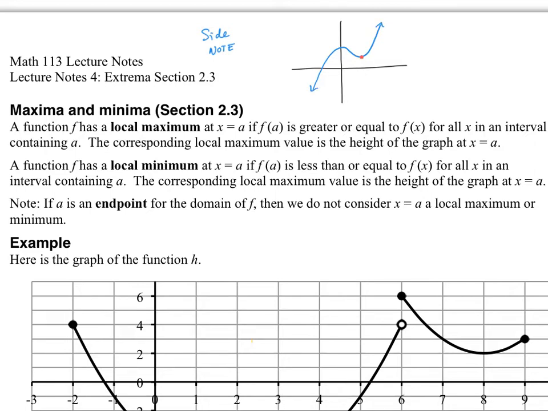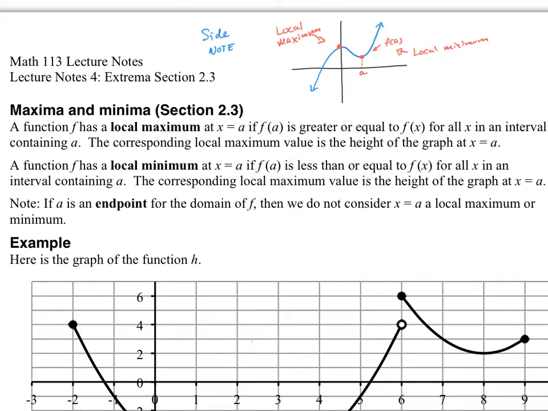This point right here, which let's say the value for x is a, well, clearly that will be f of a. This is called a local minimum, and this one, which is the biggest value, will be called the local maximum.